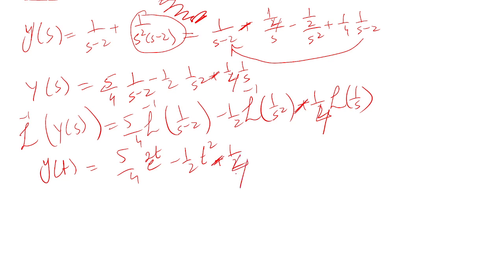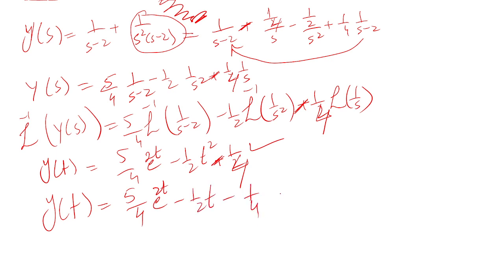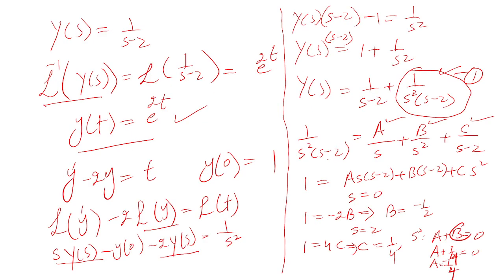So this is the correct answer of the given problem. This is y of t. I'm writing it again because of this thing: 5 by 4 e to the 2t minus 1 by 2 t minus 1 by 4. This is the solution of the initial value problem given over here, this equation.